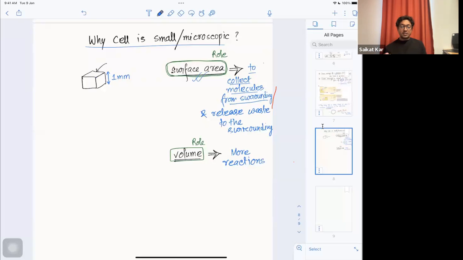So the surface is in contact with the environment. Now as volume is increasing, the cell needs more and more reactions to occur, because it needs more products to maintain the whole volume.